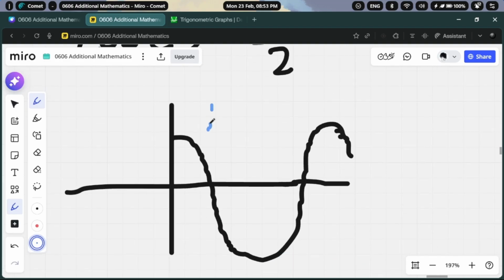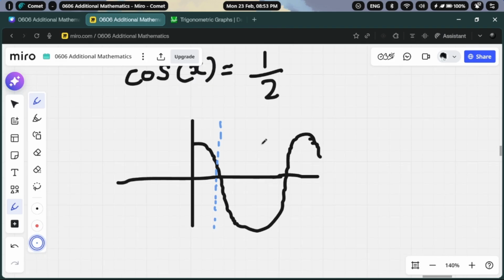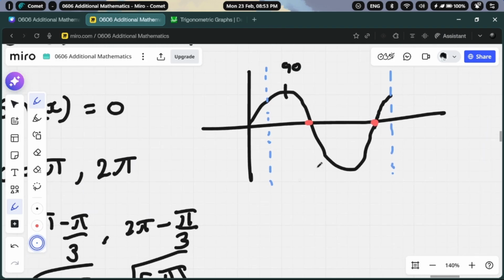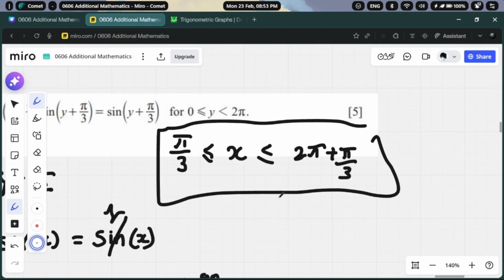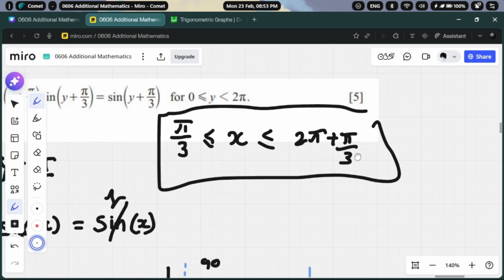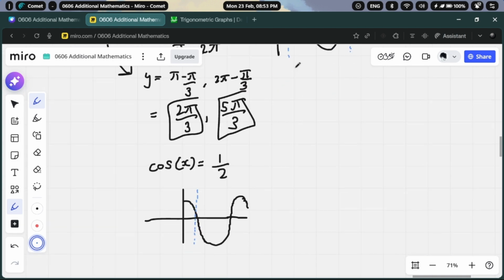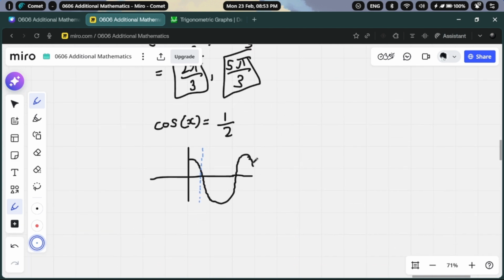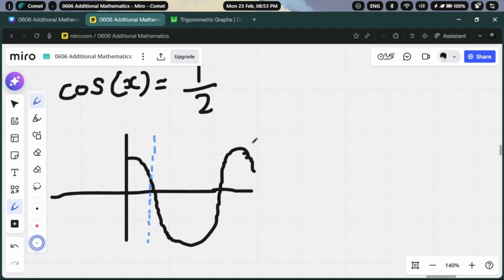So clearly it would be something around here, although that's not accurate actually. So I think for this part it would be better to do cos inverse of the two extreme points in the domain. So cos inverse of pi over 3, and then cos inverse of 2 pi plus pi over 3. That would be a smart way to go about this.